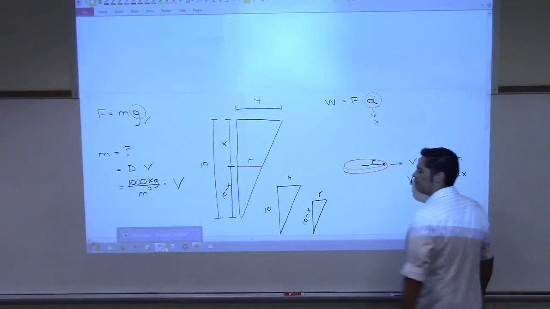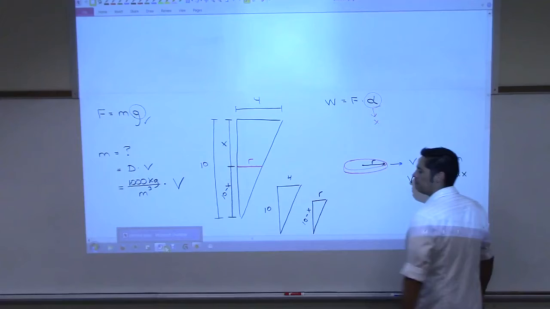And look at the way I wrote that. I wrote 1,000 kilograms per cubic meter. I'm writing it that way because I'm going to be canceling some units out here in a minute. And so all we need now is the volume. So what's the volume of this slice? Well, let's take a look. I'm going to draw that little slice for you.